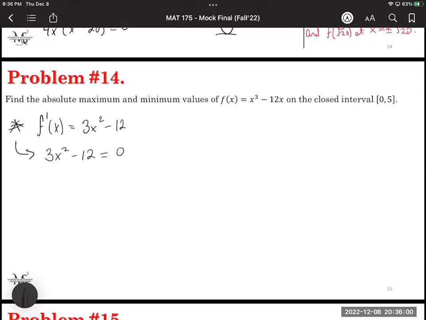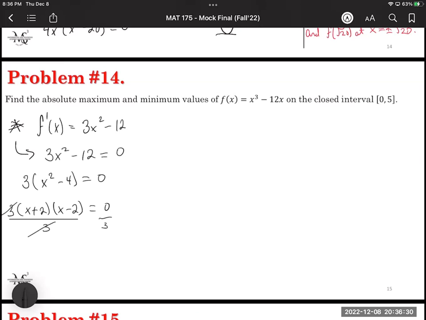From the 3x squared minus 12, what can I factor out? You can pull out the greatest common factor of 3, which leaves x squared minus 4. Now the x squared minus 4 you could break down even further. It's a difference of two perfect squares, so it becomes x plus 2 times x minus 2 equals 0. You divide by 3 on both sides to get rid of that constant multiple.